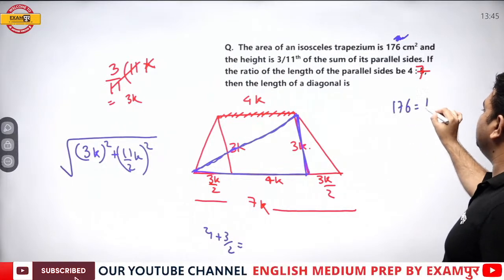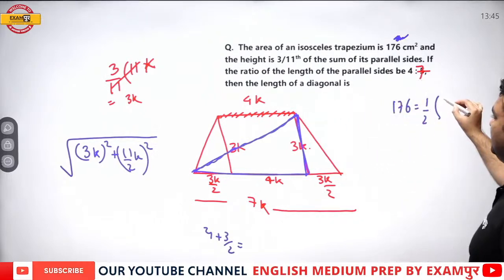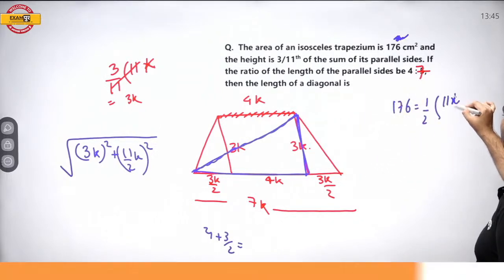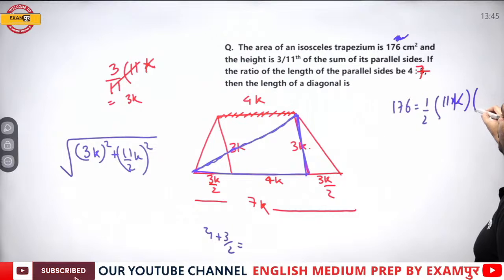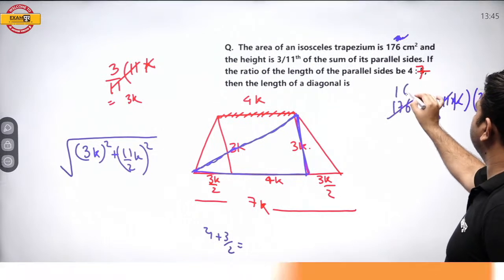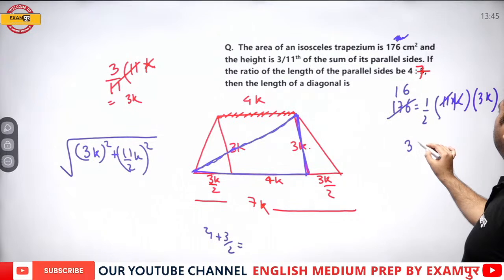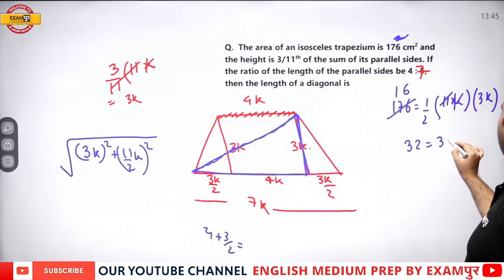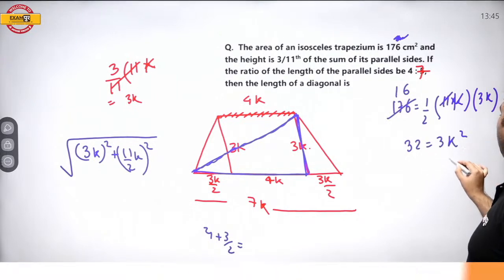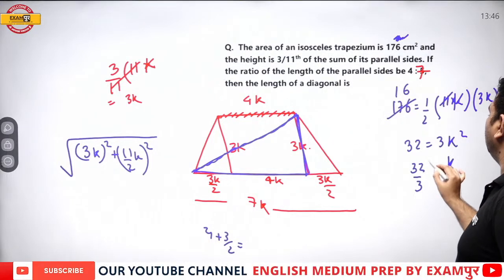176 is equal to half into the sum of parallel sides, 11K, into height. 11 ones are 11, 11 sixes are 66. 32 is equal to 3K square. Again, K is not becoming a perfect square.